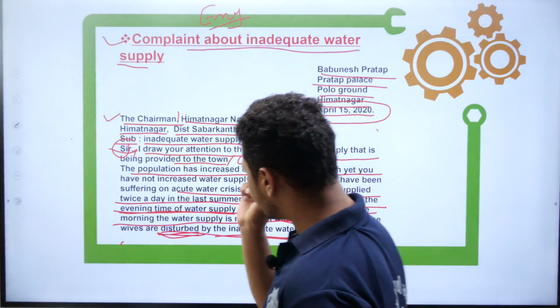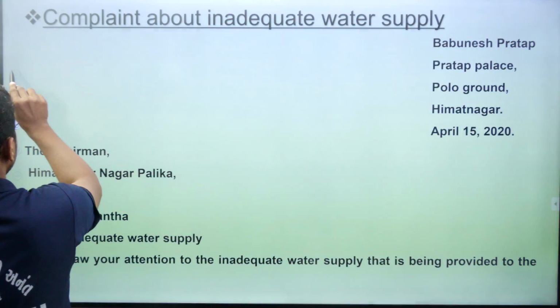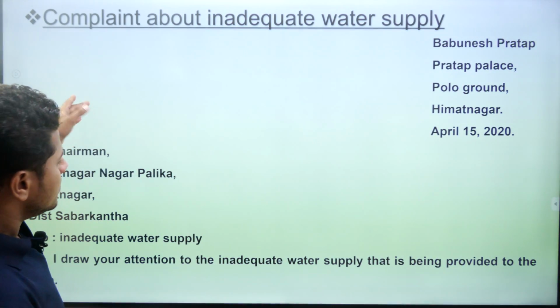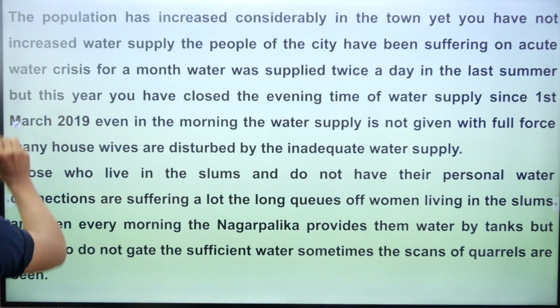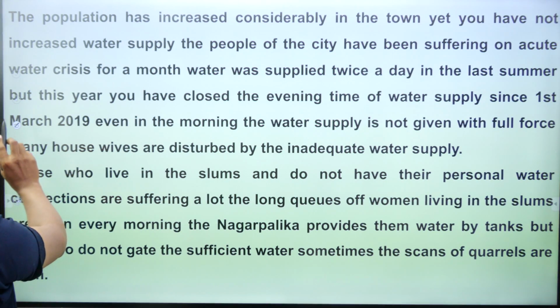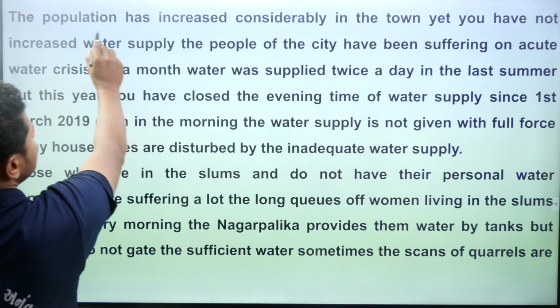So another issue we can see over here in the next. The population has increased.